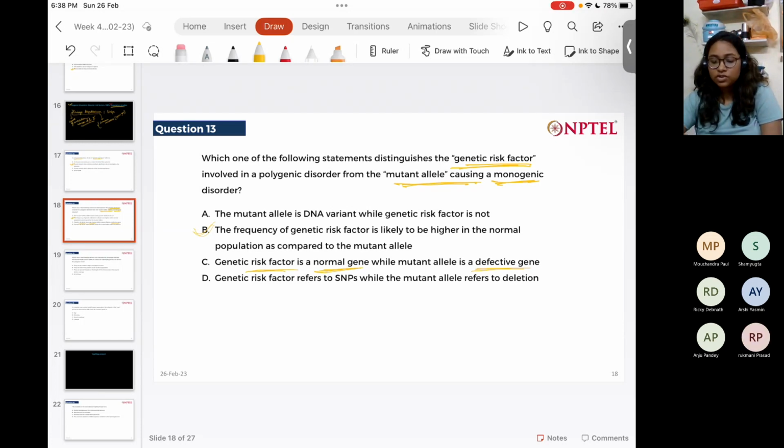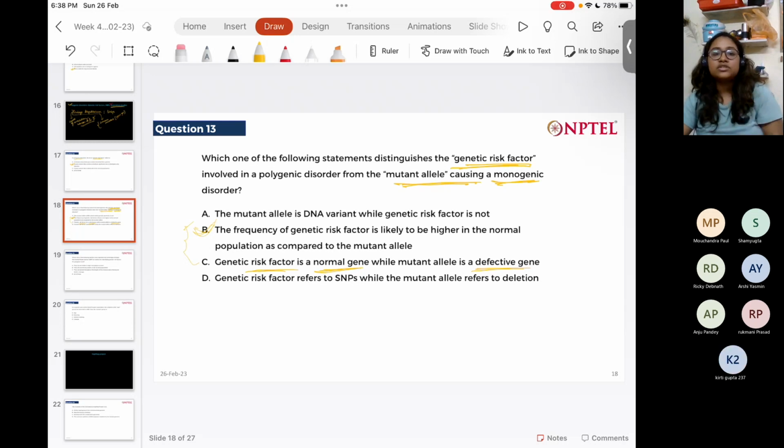But if you compare it with option B, in terms of frequency, option B seems more accurate to me. Whereas the other options, A and D, are obviously incorrect, right? A mutant allele is a DNA variant, where a genetic risk factor is not. So both are some kind of versions of a particular gene sequence, right?